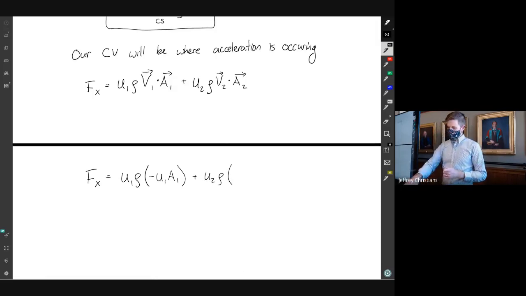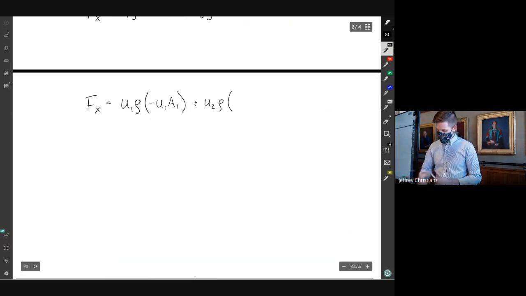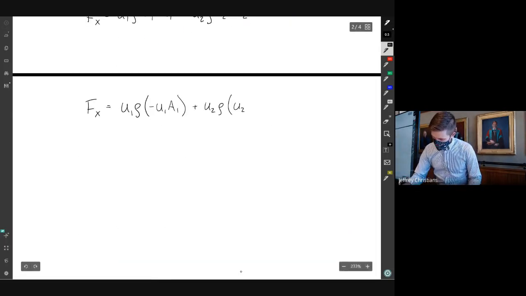Now this one, because it's the outward facing normal, our velocity is still pointing to the right. Our area vector is also pointing to the right. They're pointing in the same direction, so that's a positive. So this is now u2 rho A2.